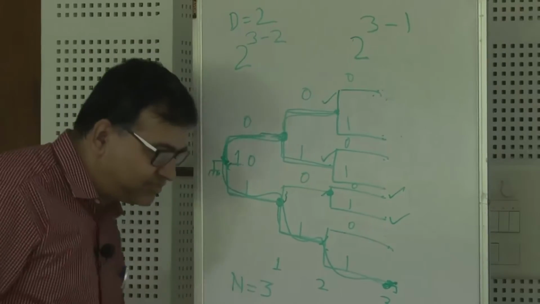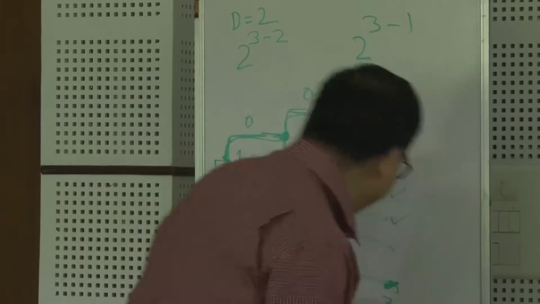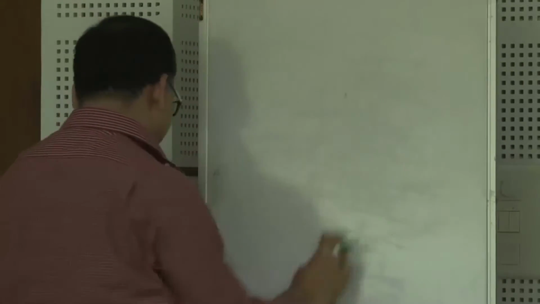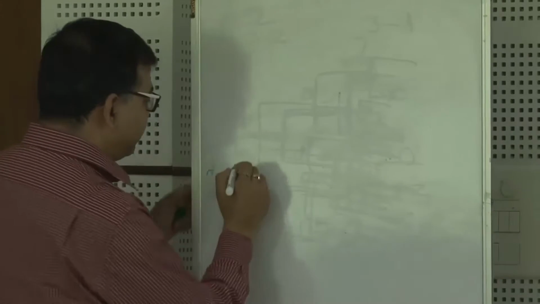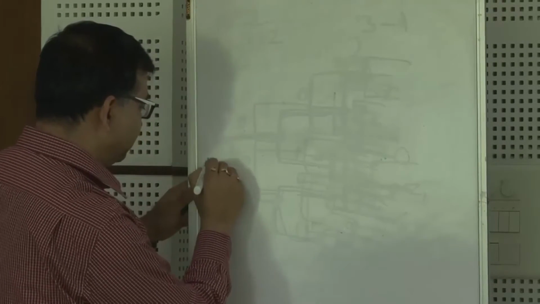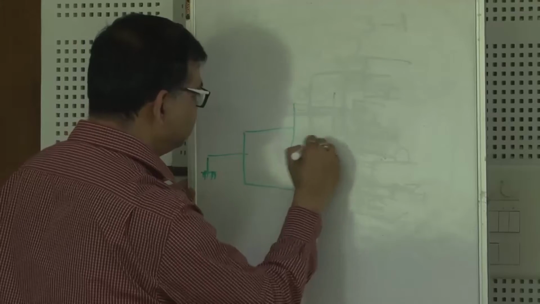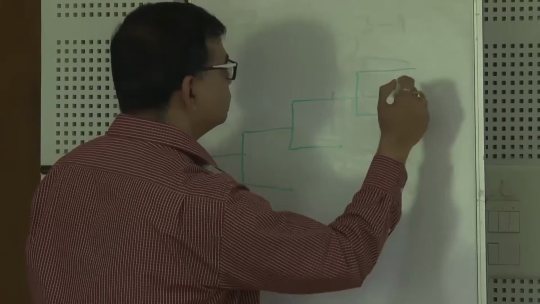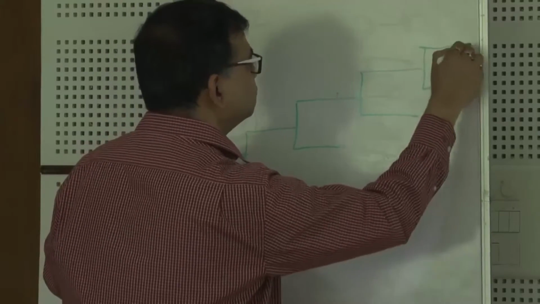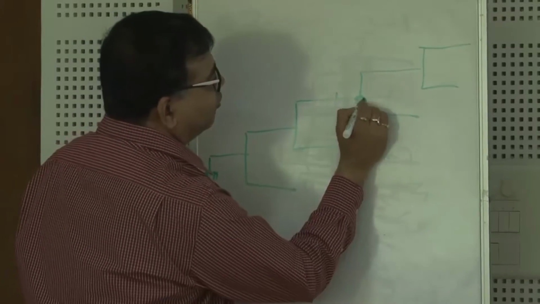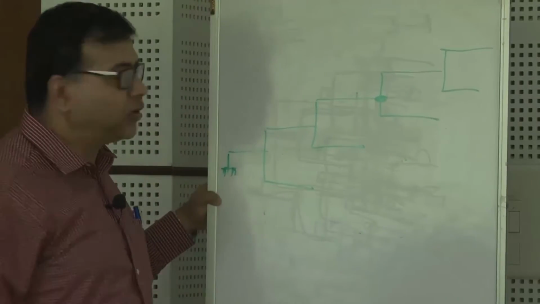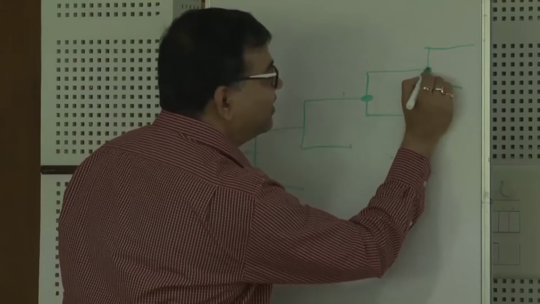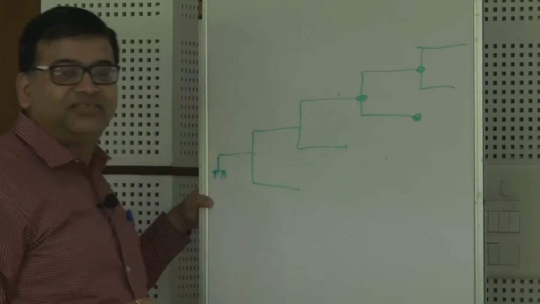Now let us change this tree a little bit. Let us say I have a tree of this form, again a binary tree. Okay. Let us say looking at this, what will be the probability of this node? This will be this node and this leaf.